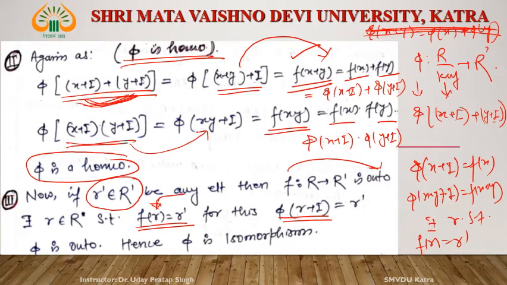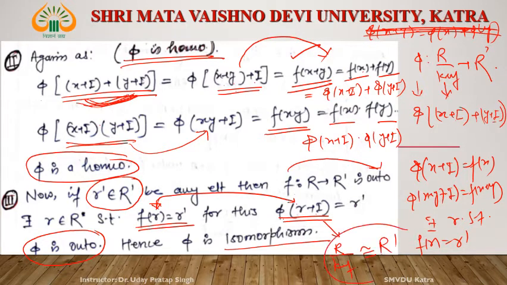Phi of (r + I) is equal to r prime. It means phi is an onto homomorphism. Okay, phi is onto, so phi is an isomorphism, and if phi is an isomorphism, then R by kernel of f is isomorphic to R prime. Okay.